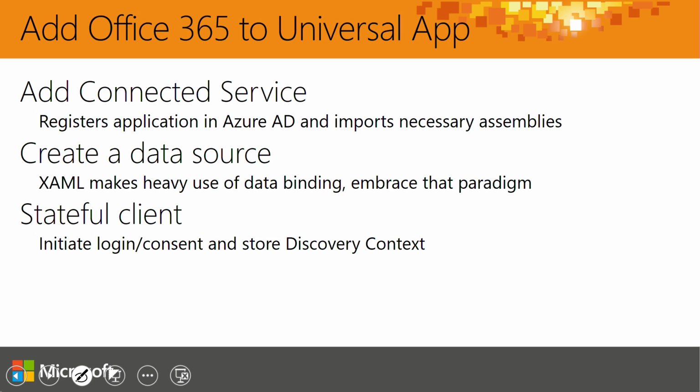It's not a lot of fun. So the Add Connected Services wizard goes and registers the application in the Azure Active Directory that every Office 365 tenant has as a backend. It does a bunch of stuff around configuring your app.xaml file to include the client ID. It does a lot of work around bringing the authentication pieces into the application.